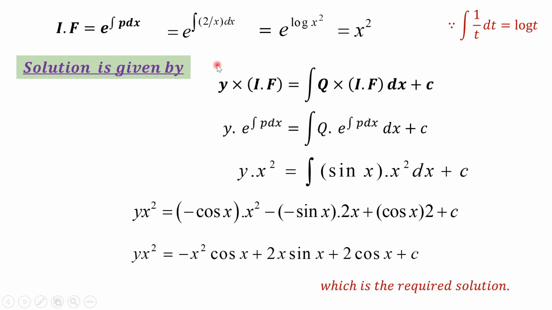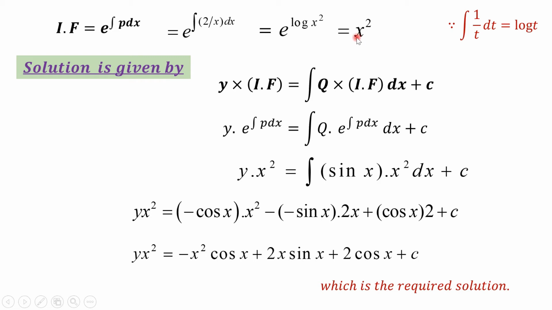Now come to the final solution. y times integrating factor equals integral of q times integrating factor dx plus c. Substitute the value of I.F. here, that is e to the power integral of p dx, equals integral of q e to the power integral of p dx with respect to x plus c.